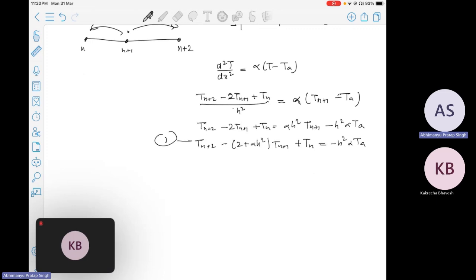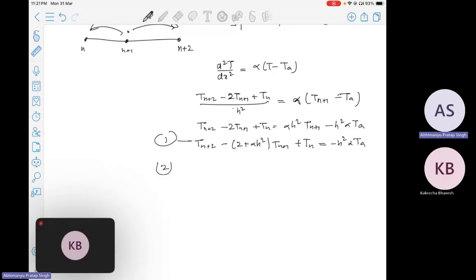The other equation that the problem gives us is the Neumann boundary condition, right? They have written that to eliminate the ghost point, we write the Neumann boundary condition using the central difference formula at node n plus 1. This will result in another equation involving Tn plus 2, and we can eliminate it.